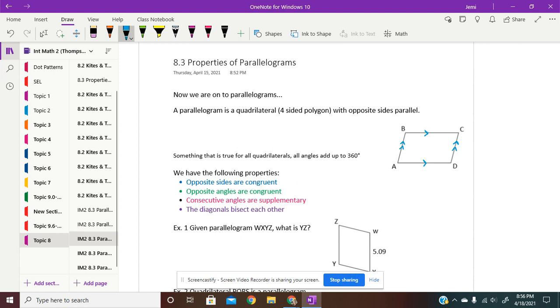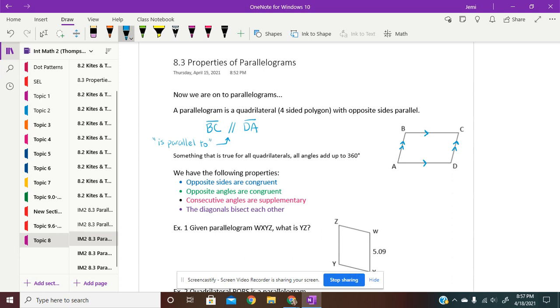My sides with one arrow, that's side BC. When I name a segment, I put the line on top. So BC is parallel to, and then the line on the bottom that it's parallel to is DA. This little symbol here means is parallel to, in case you've forgotten.